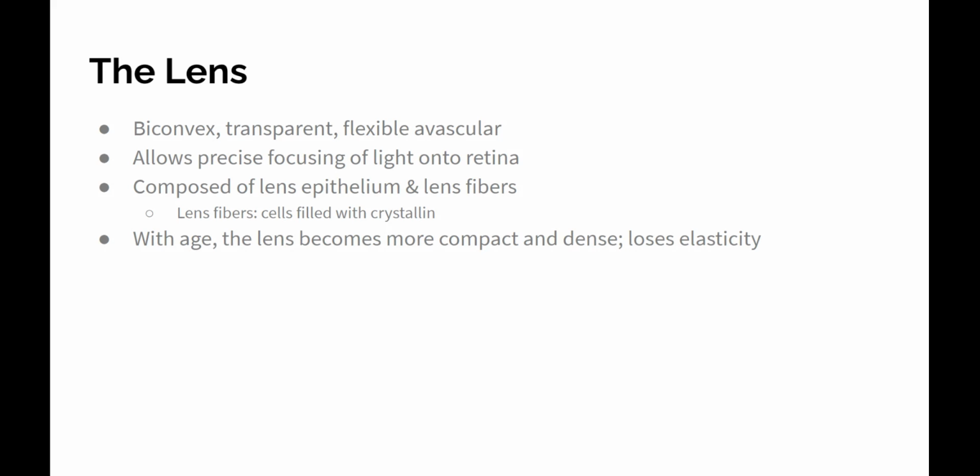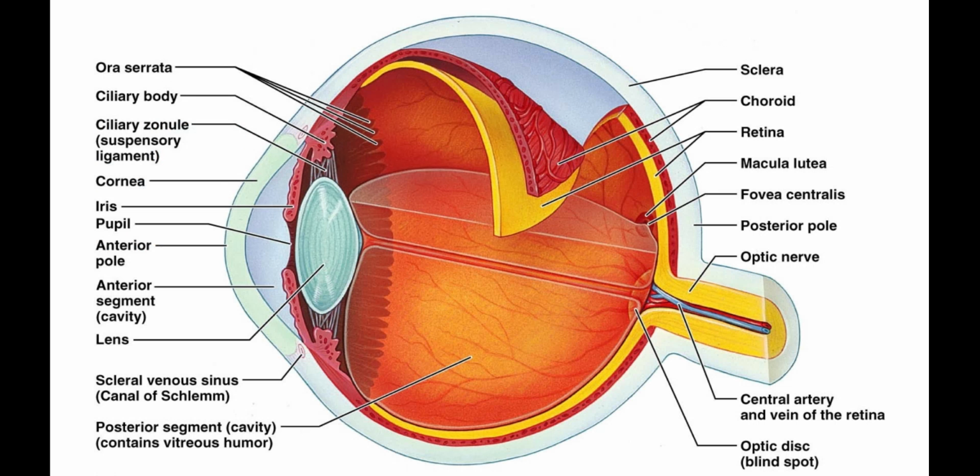With age, as you get older, the lens gets more dense, more compact. It's not quite as stretchy, which is mostly why you'll see older folks start losing their eyesight. That's because the lens is much less flexible as you age.